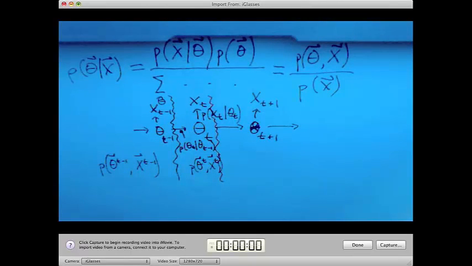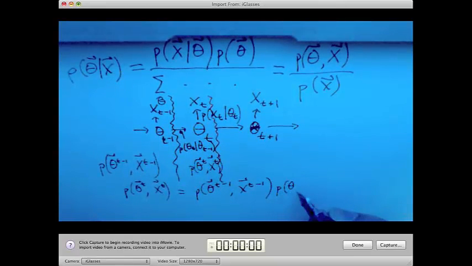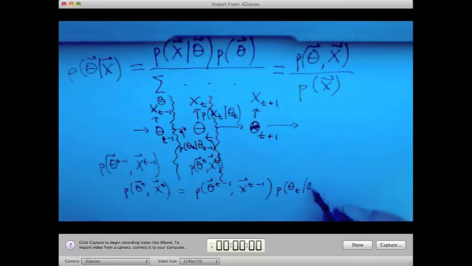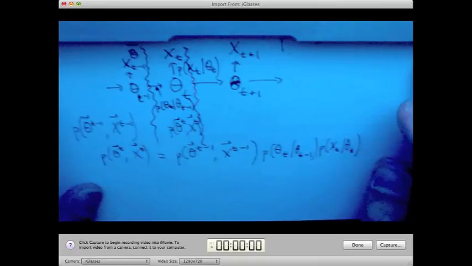I got an equation. So my recursion, my induction, is just p theta t comma x t equals p theta t minus 1 x t minus 1, my transition and my emission. And I will shift that up so that hopefully you can read it.